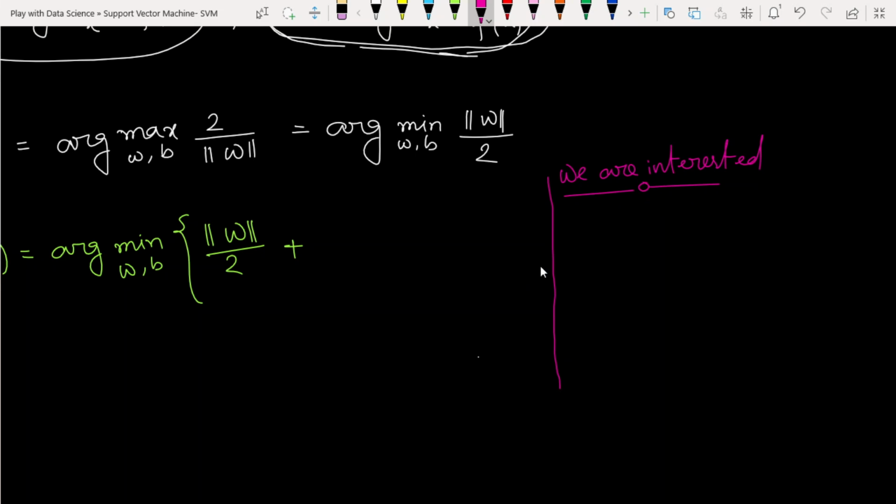Here we are interested in minimizing the error. This implies that we have to minimize our misclassified points. If we minimize our misclassified points, then the error will be minimized.